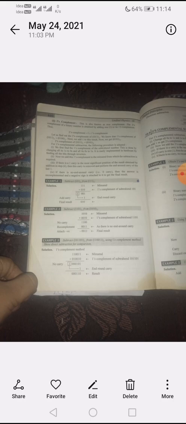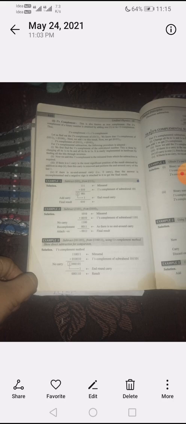Whatever carry you get, you should add to the final result, that is 1. So you will get 1 plus 1 gives 0, and the next position is 1, 0.